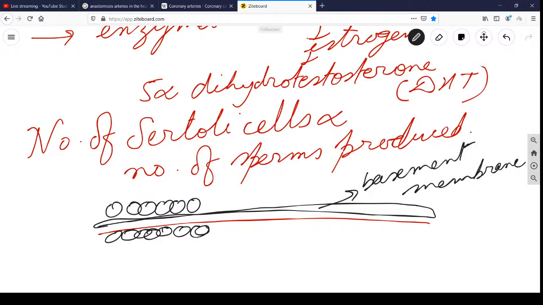Scientists have found that the basement membrane contains some scattered myoid cells. It is thought that these muscle-like cells, myoid meaning myocyte type, contract on a weekly basis to help move sperm cells and fluid through the seminiferous tubules.